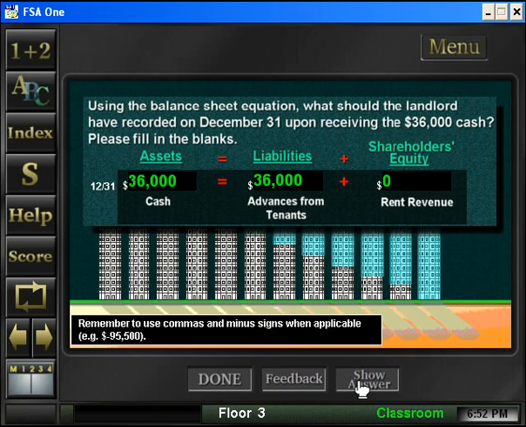The $36,000 cash received is an asset, and the landlord has a $36,000 liability to provide the tenant with the use of the premises.